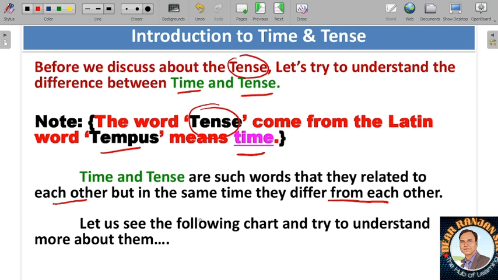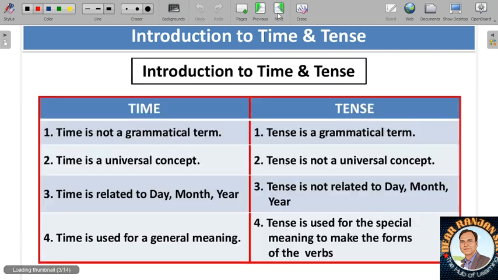Now let's see a chart in the next slide and try to understand the differences between time and tense. This is a small chart made by me. This is time and this is tense.